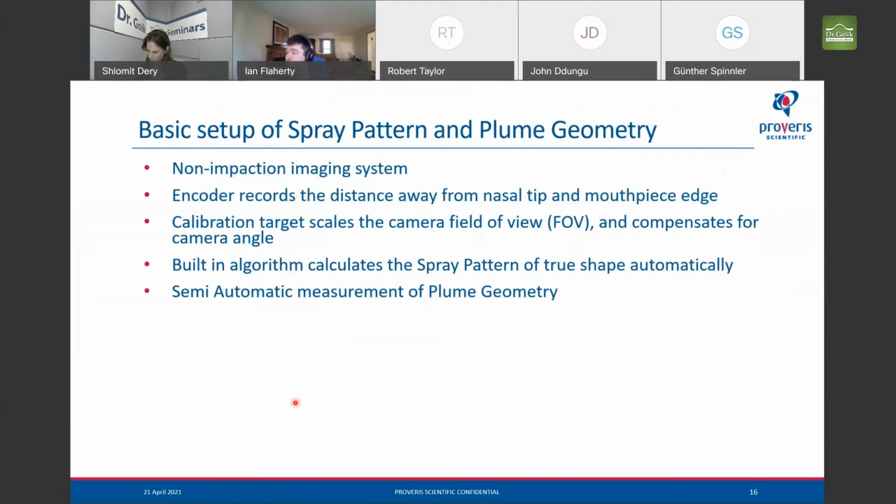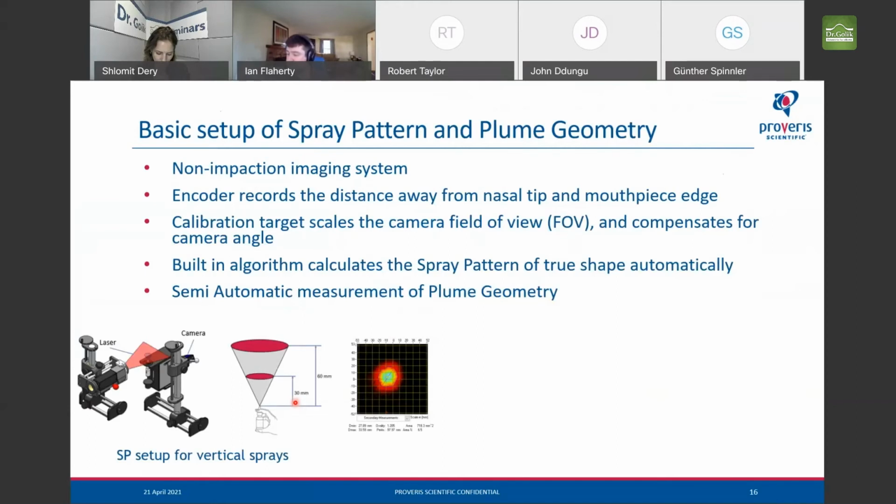And so our software has a built-in algorithm that automatically will calculate the spray pattern of the true shape. So it is fairly complex in terms of being able to work with variable patterns or ones that aren't perfectly circular. So it doesn't use a fitting technology. It actually calculates the true perimeter of the spray pattern shape.